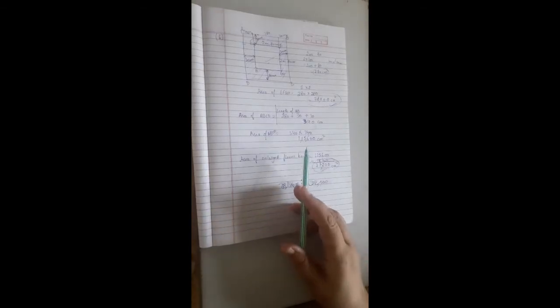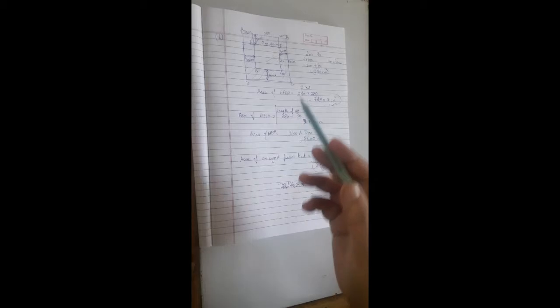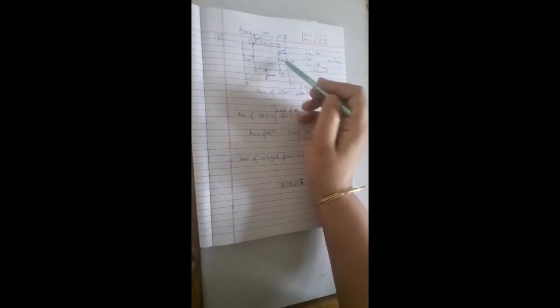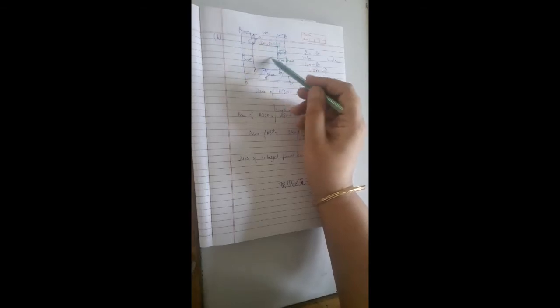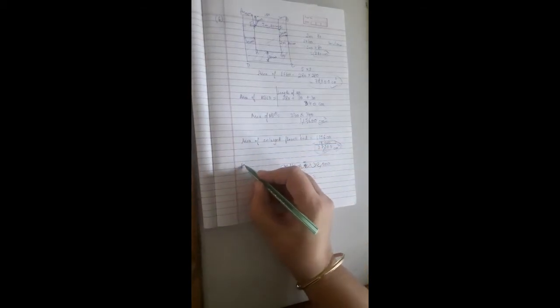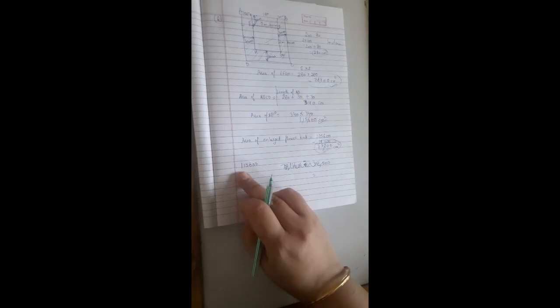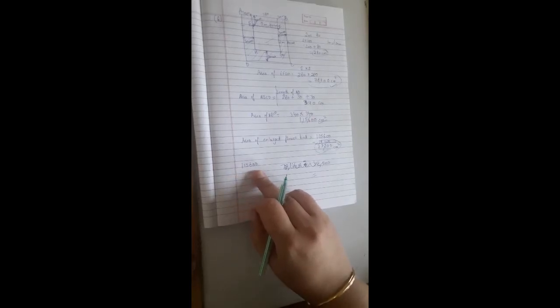And they are also asking for the increase in the area of the flower bed, that is, how much the area has increased from before to now. So how much has the area become now after the increase in the flower bed? It's 1,15,600.